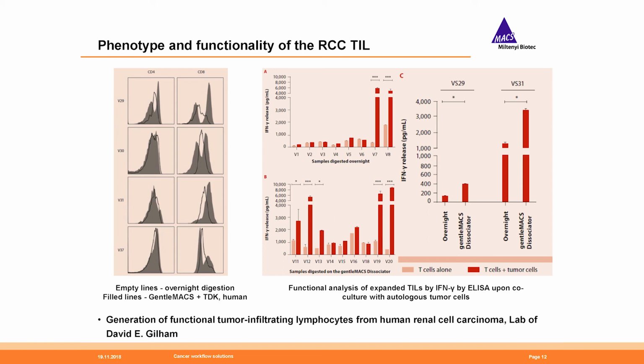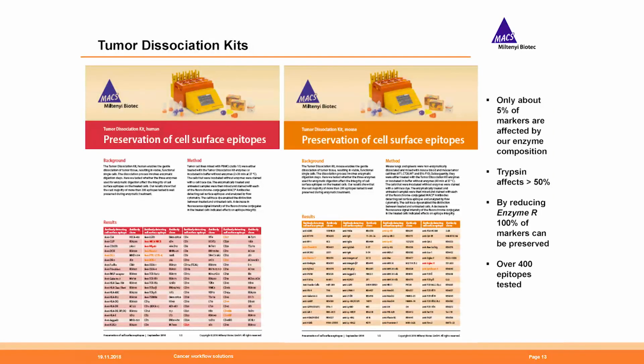When he tested with ours, all of them showed some release. And when he compared them to each other, always our gentleMACS showed a higher IFN gamma release than his, basically. So this showed him that the cells not only had their epitopes intact, so that he was able to recover them in his assays, but he also showed them that they were functional, fully functional, so that they were not stressed.